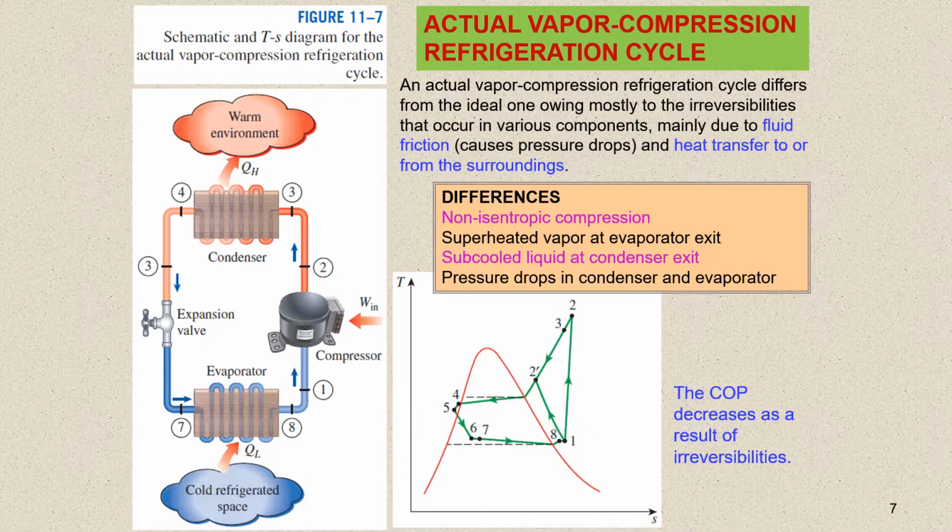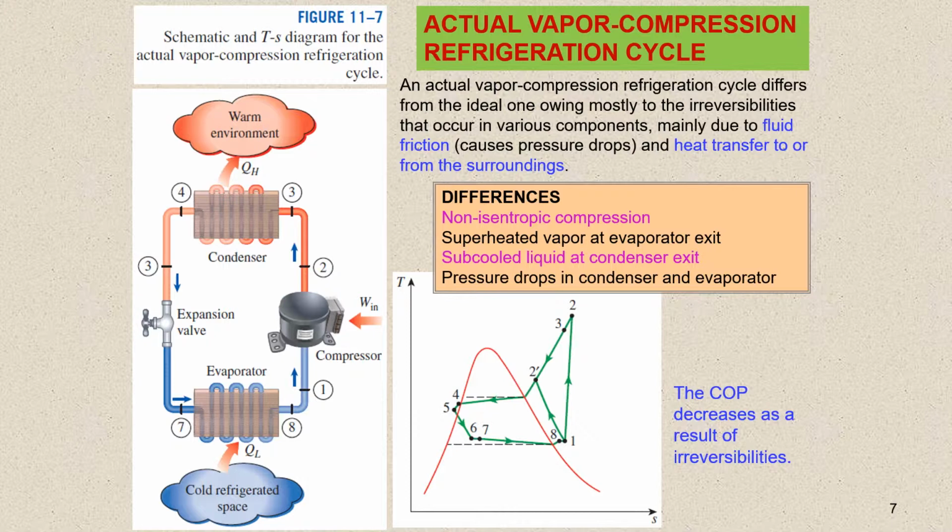The compression process 1 to 2 prime may be even more desirable than the isentropic compression process, since the specific volume of the refrigerant and thus the work input requirements are smaller in this case. Therefore, the refrigerant should be cooled during the compression process whenever it is practical and economical to do so.